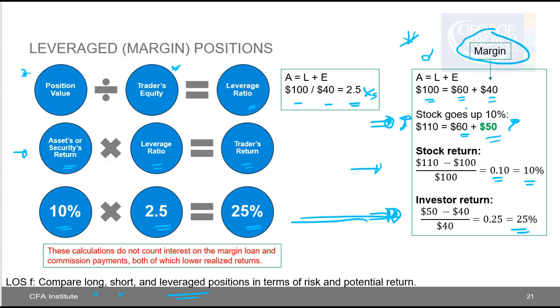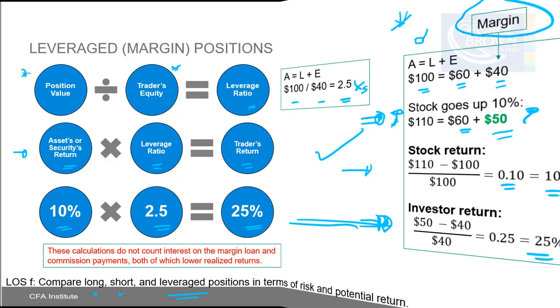The liability hasn't changed, the loan hasn't changed. Stock return 10%, my investor return 25%. Leverage ratio, the position value divided by the equity, that's a leverage ratio in terms of times, it's a multiple. And then to get my trader's return, the security return times that leverage ratio, okay? Not too bad, not too difficult.